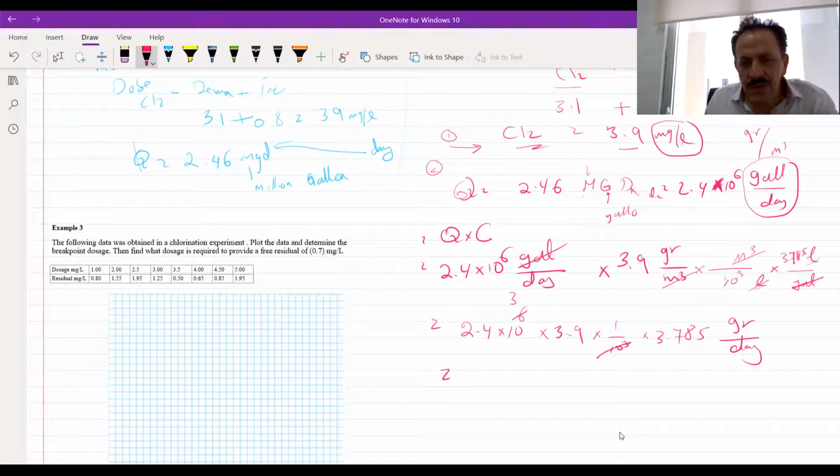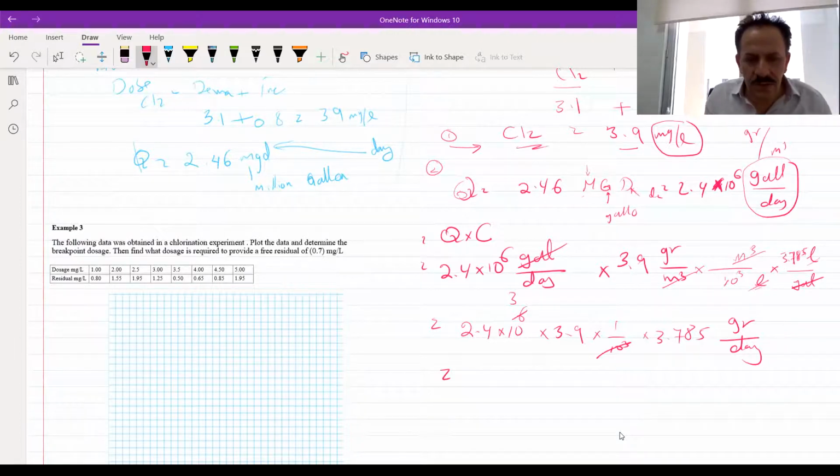So the result is equal to 2.4 times 1000 times 3.9 times 3.785.